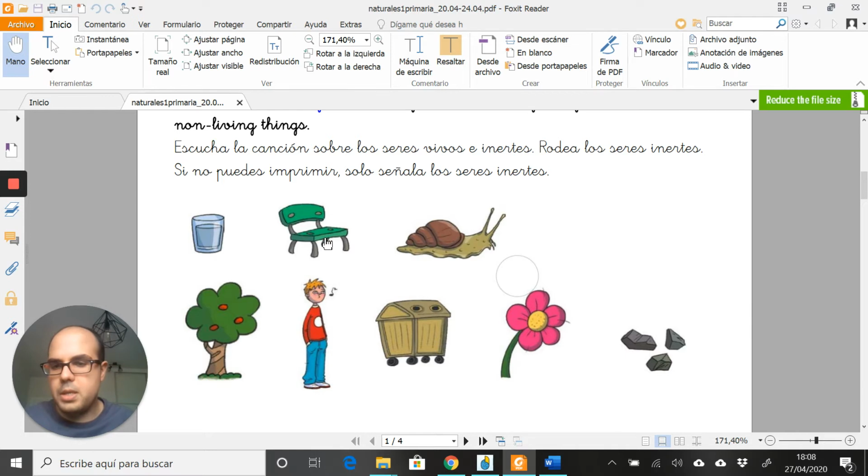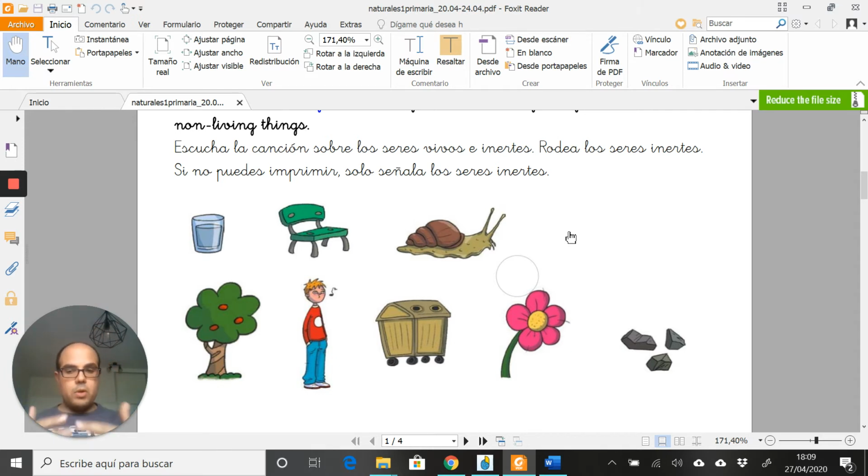It's the same with a bench. It's a non-living thing. But for example, a snail, okay, it's an animal. It's a living thing because it's born, okay.